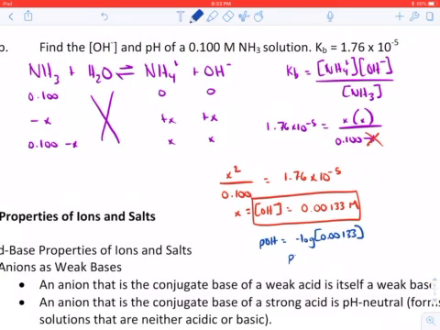That gives us 2.877. And then we're going to just subtract that from 14, and that should give us 11 point. Our pH is 11.123. And pOH doesn't have a label or units, you just say that.